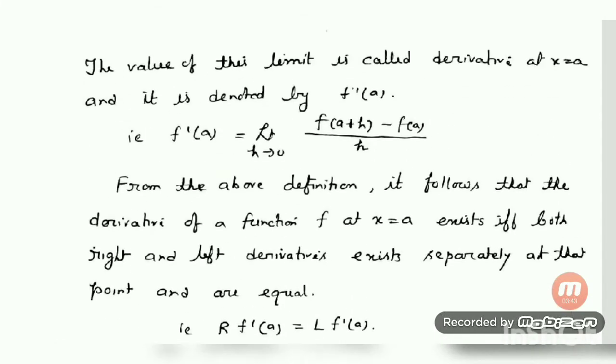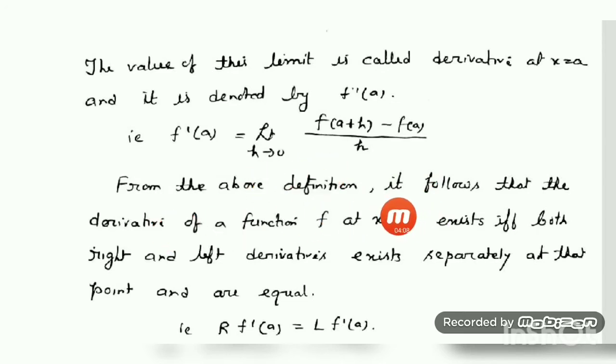The value of this limit is called the derivative at the point x equal to a, and it is denoted by f dash a. And what is f dash a? Limit h tends to 0 of f of a plus h minus f of a by h. So simply remember, the value of this limit is the derivative f dash a, and if this limit exists from both the right and left sides, then we say the limit exists.